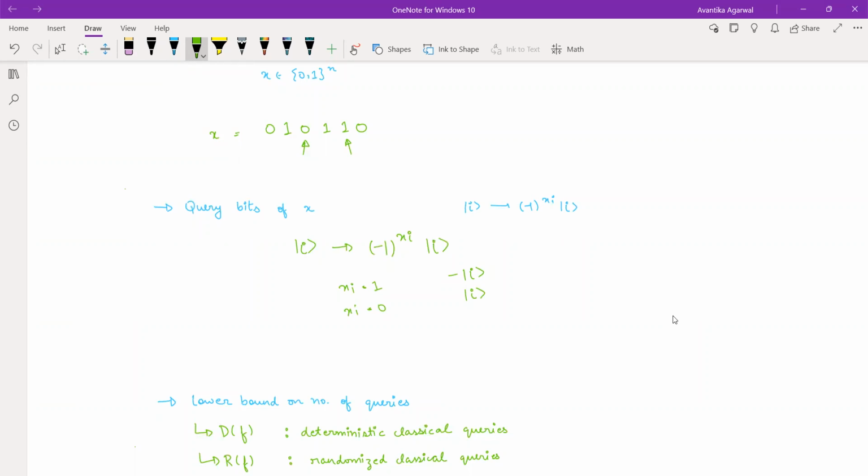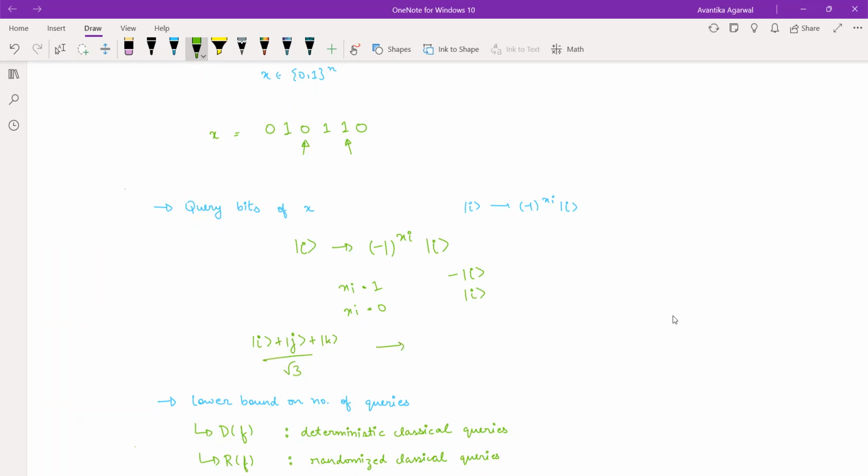So in a way, the output of the black box is contained in the phase of our input. And like I said, we can make superposition queries to the black box. So we can make a query like this: (ket i plus ket j plus ket k) divided by root 3.